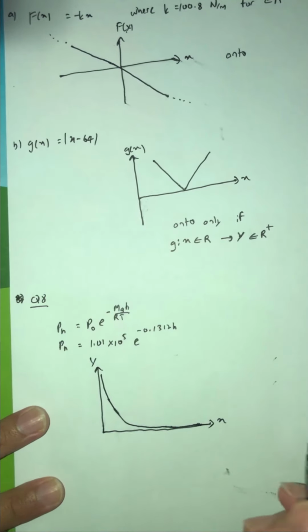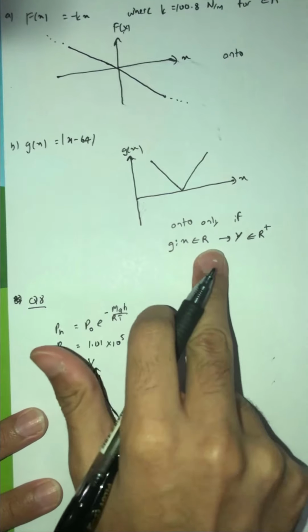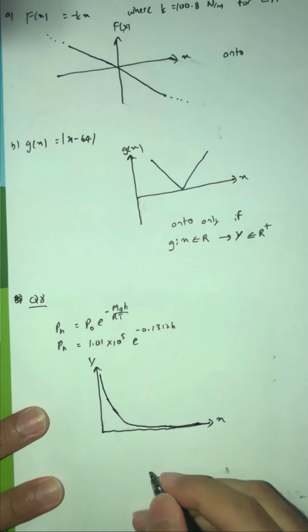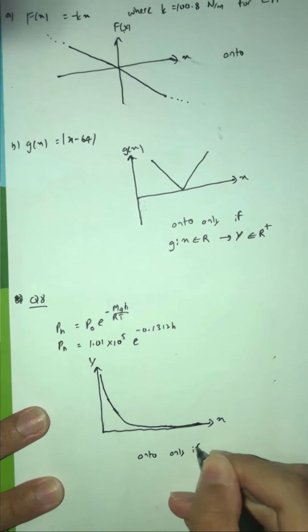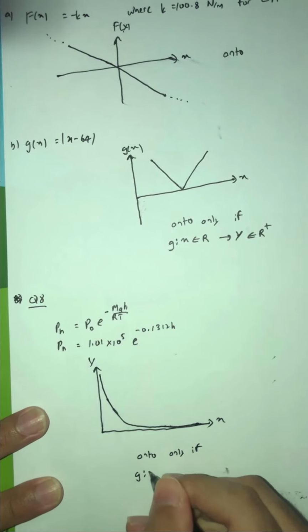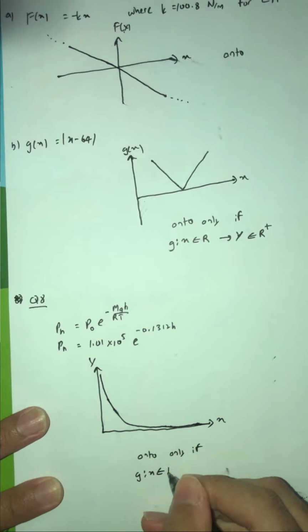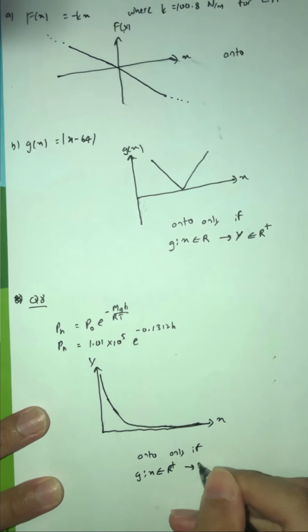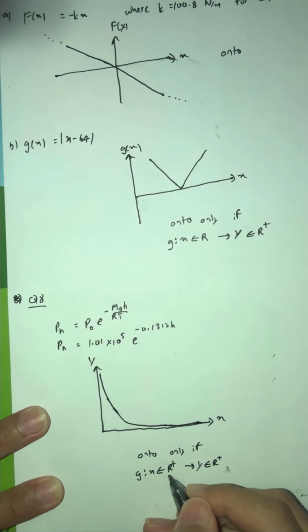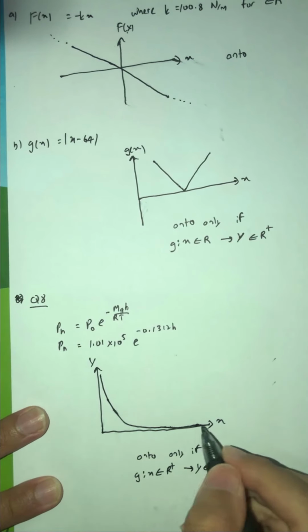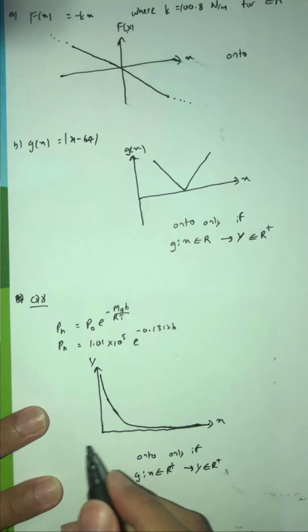So you can answer like that, or you can also answer like this. Okay, it is onto only if g(x) and y are positive, because there's no negative value of x as well, right?